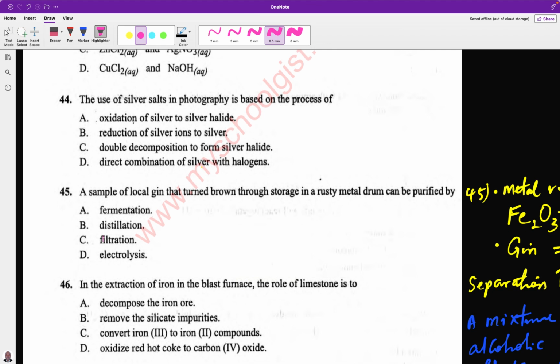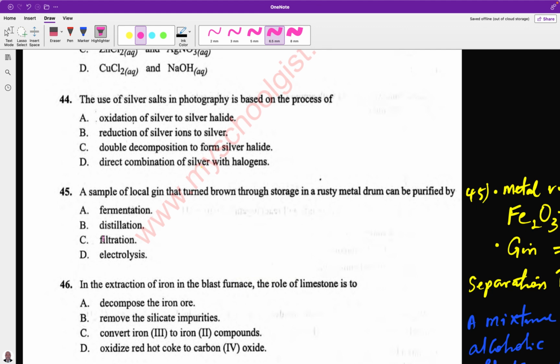It should be noted that in this question, I'm talking of silver halides. A silver halide salt is sensitive to light. So when the silver halide decomposes into the various elements, the precipitate darkens as it gradually decomposes into silver and the halide.